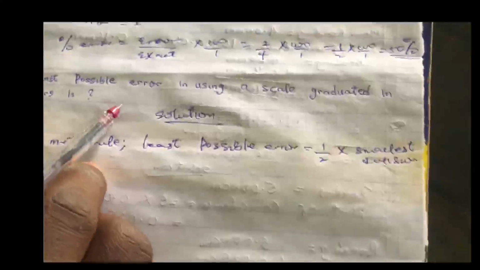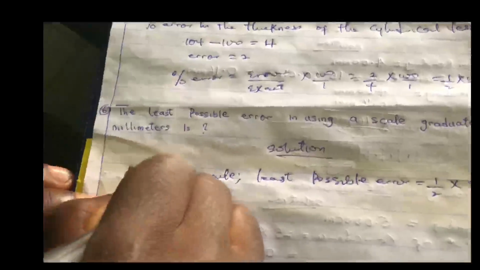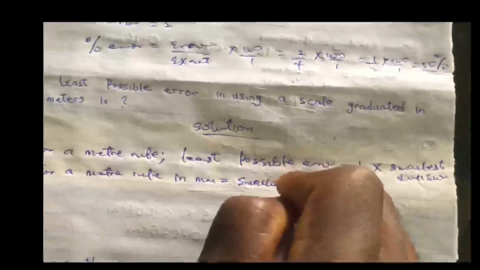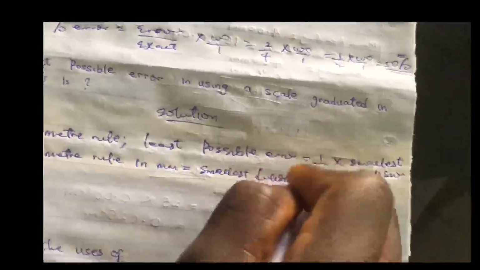You are told that this meter rule is graduated in millimeter, so what's the smallest division? The smallest division equals 1 millimeter.